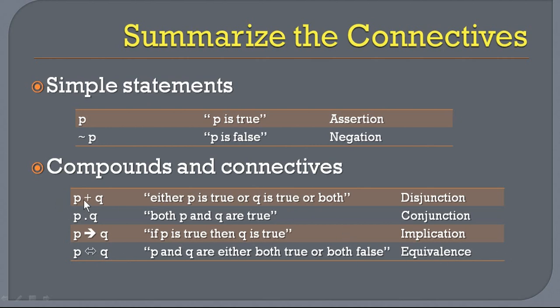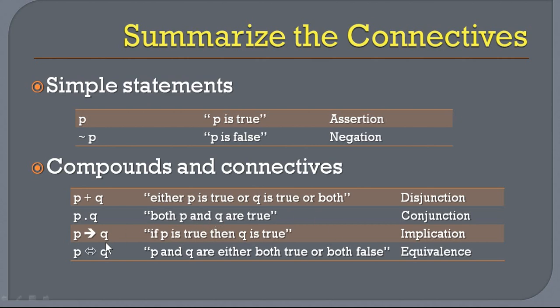Now P plus Q can be written as either P is true or Q is true, or both. So you use the OR operator. Whenever you use a statement in between, you should use a connector. This term is used: OR. Next one, P dot Q. You call it both P and Q are true, so AND is used. Whenever you use a compound statement with conjunction, you have to use the AND operator.